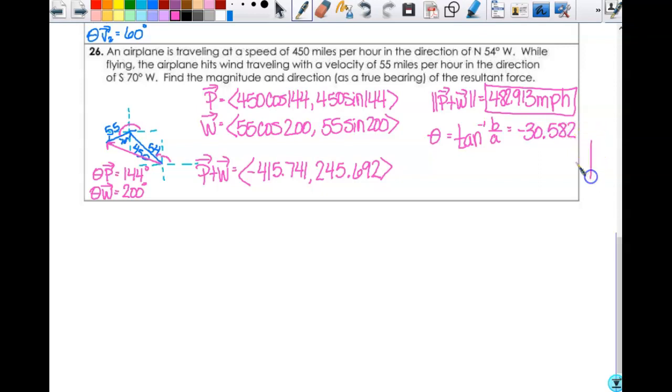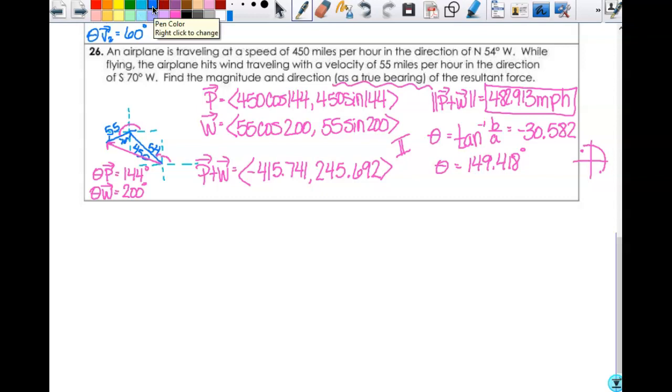Okay, unit circle-wise, that puts me down here in the fourth quadrant, but this is negative positive, so I actually want it to be in the second quadrant. So to get to the second quadrant, I'm going to add 180. So when I add 180, I get 149.418 degrees, but this says as a true bearing, so I need to think about what that means.